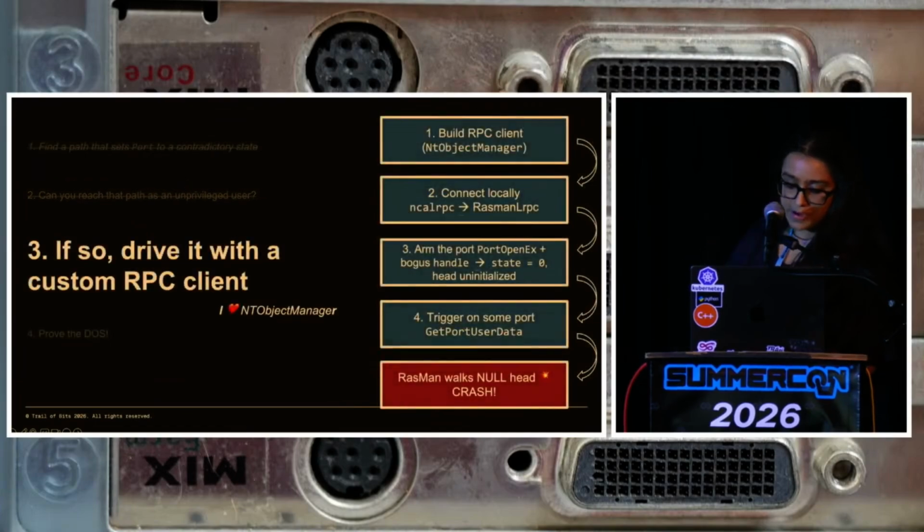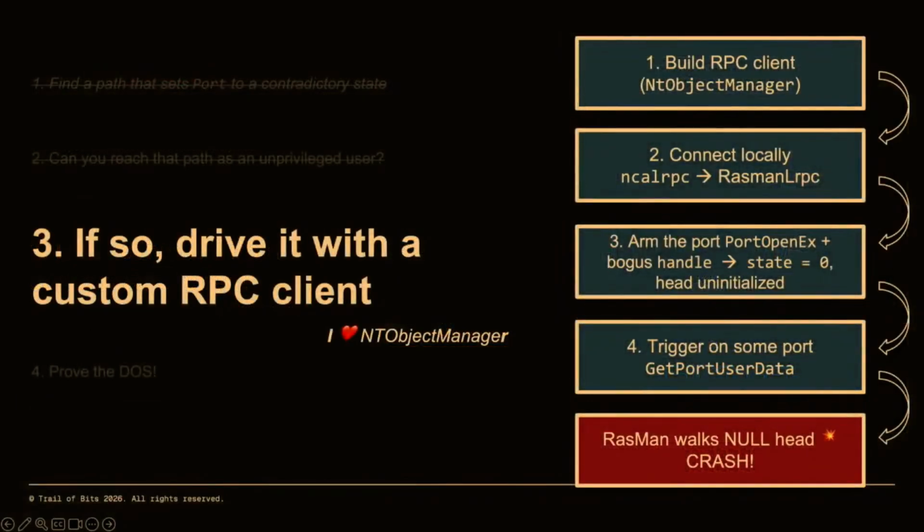Now that we have that out of the way, and we have a mental map of how we would go about triggering this vulnerable path, we can build it out in an RPC client to make it very easy to run as a one-off script. NT Object Manager, again, makes this very easy.